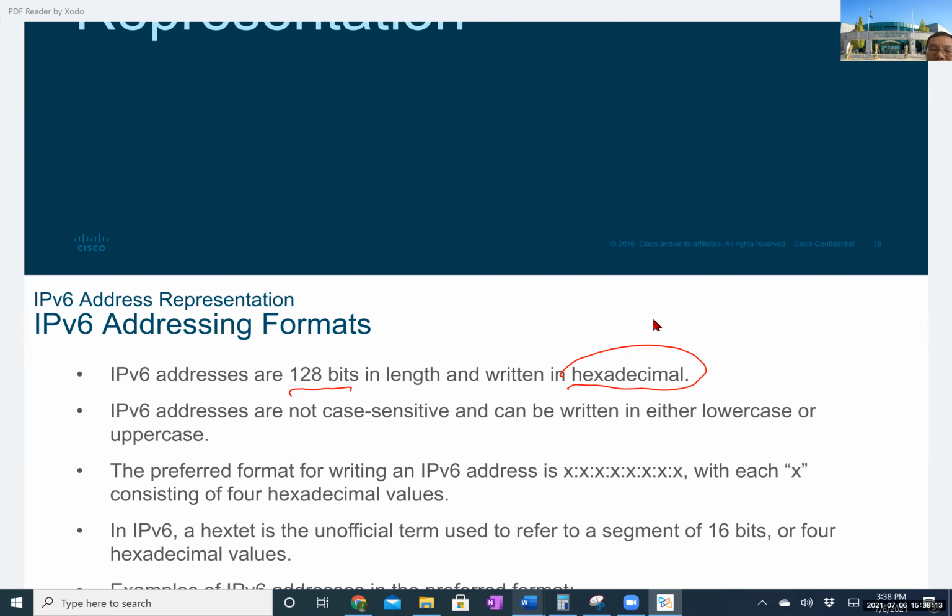For hexadecimal, each digit has 16 possibilities, everything from 0 to 9, and after that you have A, B, C, D, E and F. A is 10, B 11, C 12, D 13, E 14, and F 15. So we see everything from 0 to 15.